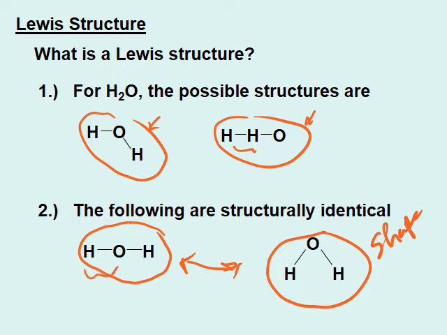One is a linear molecule, about 180-degree angle, and this is the bent molecule. This angle is less than 180 degrees. So here we explained to you what structure is and what shape is. Later on we're going to predict the shape and angles on the basis of what we call hybridization.